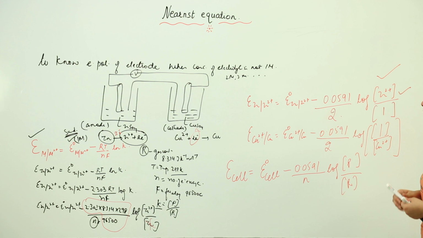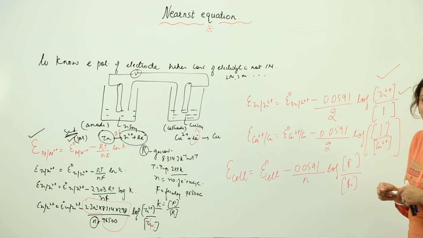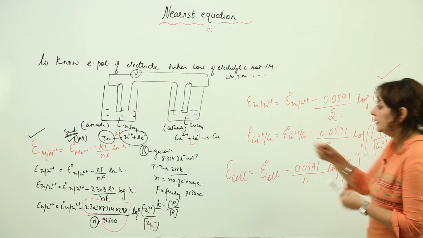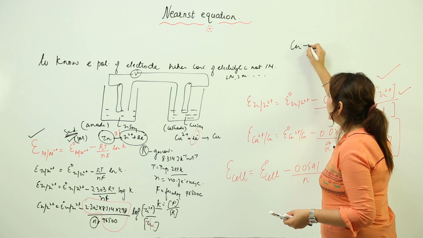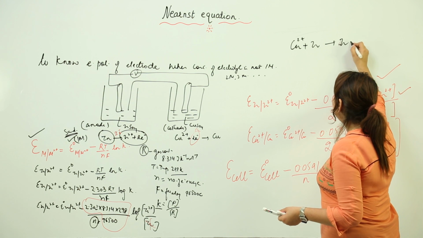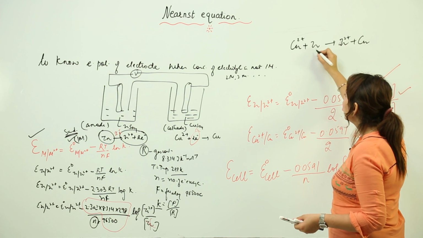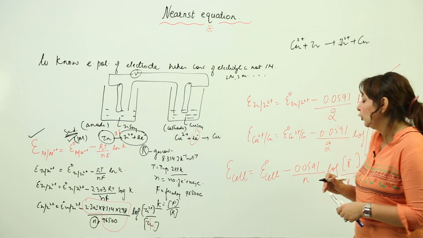So I am going to substitute these values into this. Before I do that, I will write the overall reaction which is involved in this cell. It is Cu2+ plus Zn forms Cu plus Zn2+, because Cu2+ has been reduced and zinc is being oxidized. So this is my overall reaction.